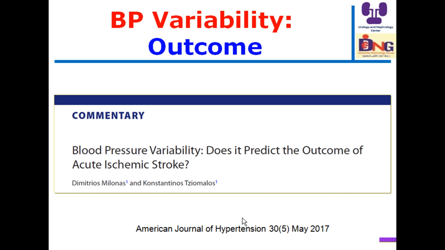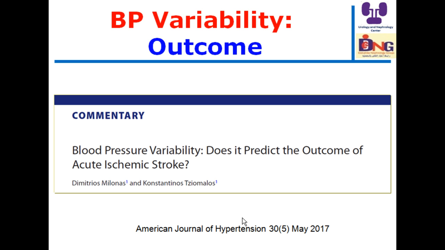This is one of the nice articles addressing the question: does blood pressure variability predict the outcome of acute ischemic stroke? In conclusion, blood pressure variability after the first 24 hours of acute ischemic stroke appears to represent a promising tool for the prediction of long-term outcome.